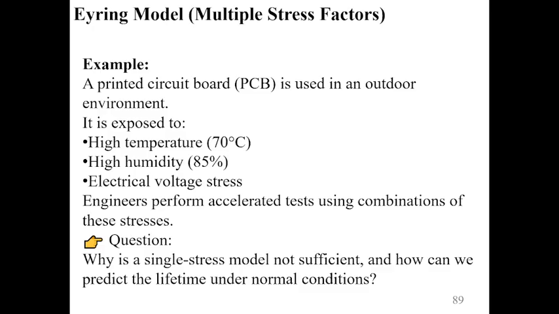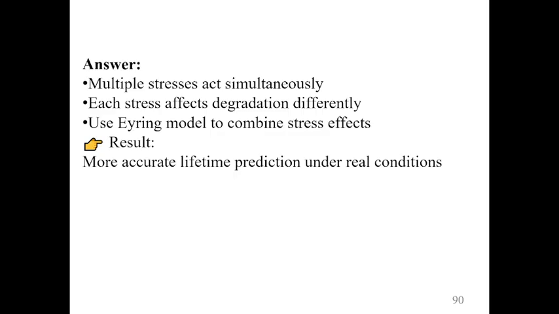Engineers perform accelerated tests using a combination of these stresses. So the question is why a single stress model is not sufficient, and how we can predict the lifetime under normal conditions.